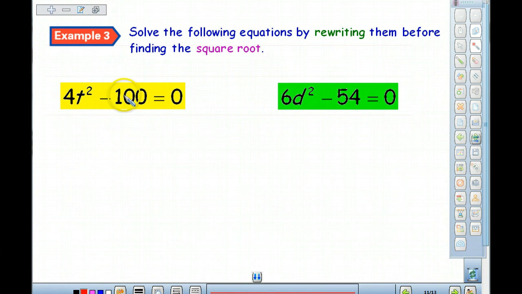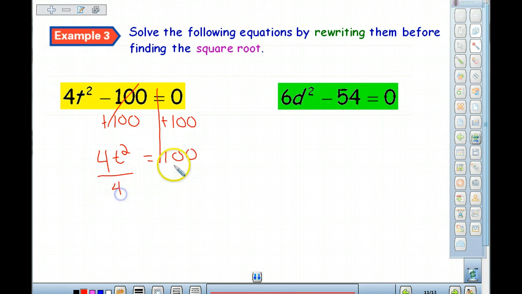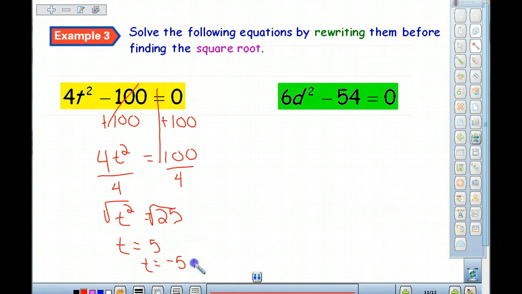Okay, a couple of them, again, we've kind of got to go back to solving some of our equations where we solve for our letter in order to do this. In this case, I've got to add my 100. 4t squared equals 100, and then they're multiplying, so we have to divide by 4. So t squared equals 25. Now I can take my square roots of both sides, and we get t equals 5 and t equals negative 5.